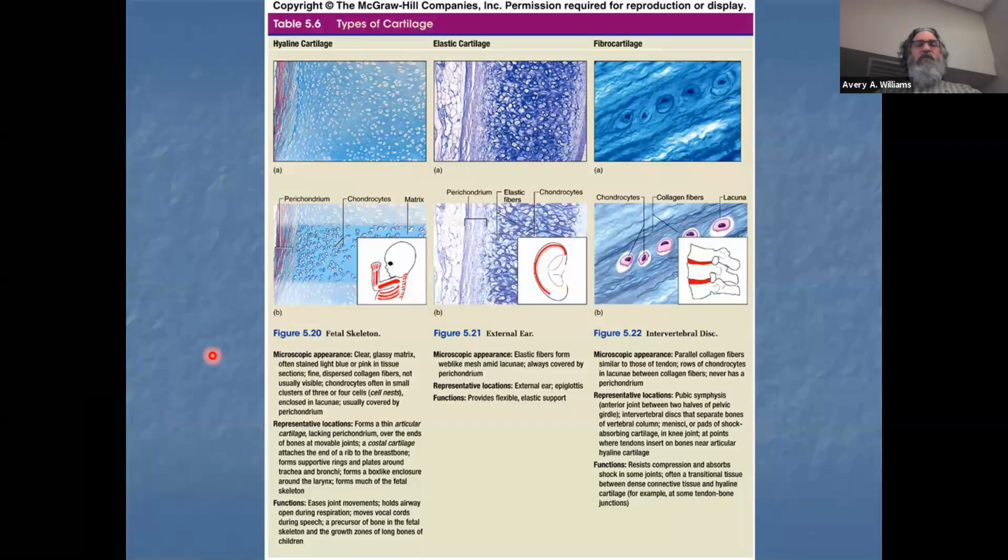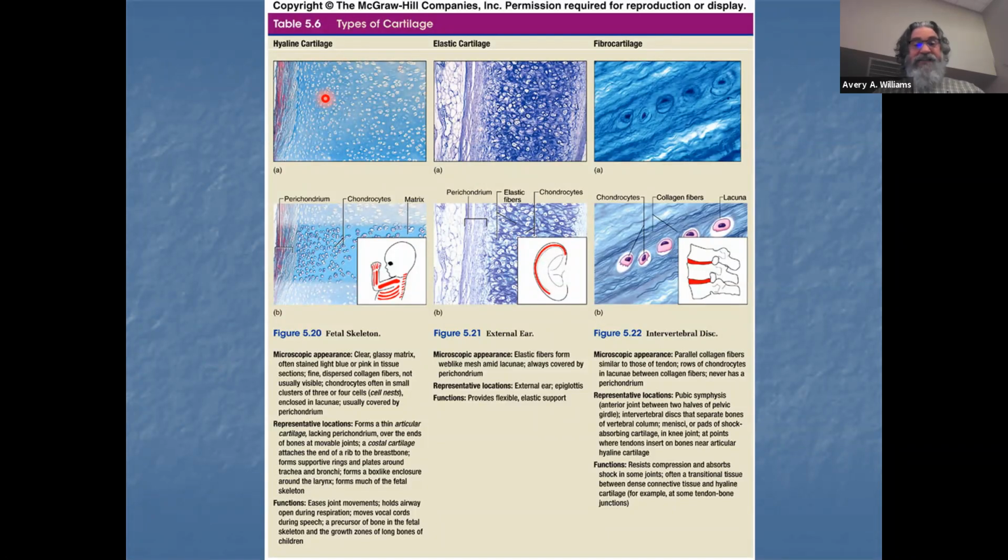What makes cartilage cartilage? So across the board, there's a couple of characteristics that all cartilages have. And if you understand this first one, hyaline cartilage, the other 2 will be pretty easy, because the other 2 are basically just modified forms of hyaline cartilage, okay?